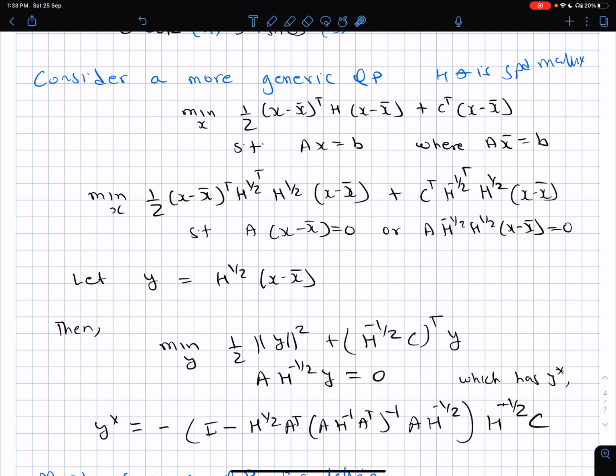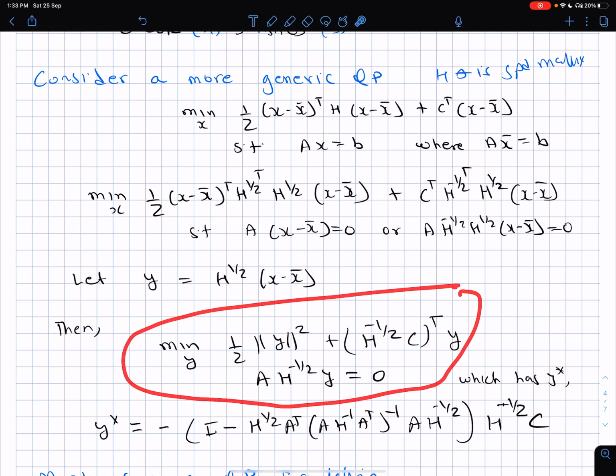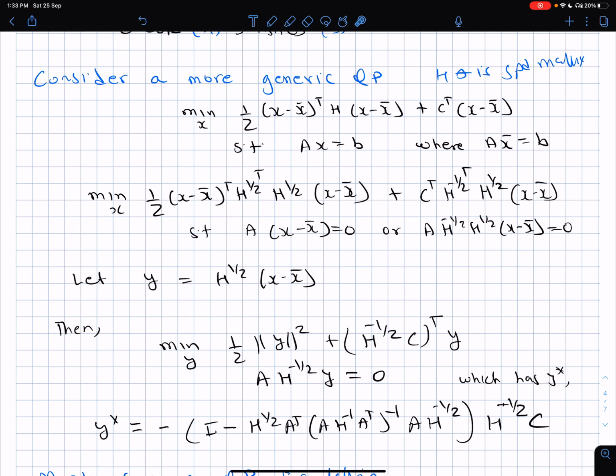And once I have done that, then the A matrix equivalently has to be substituted by A into H to the power minus half matrix, and now this is the right form of the quadratic programming problem which we have already solved.